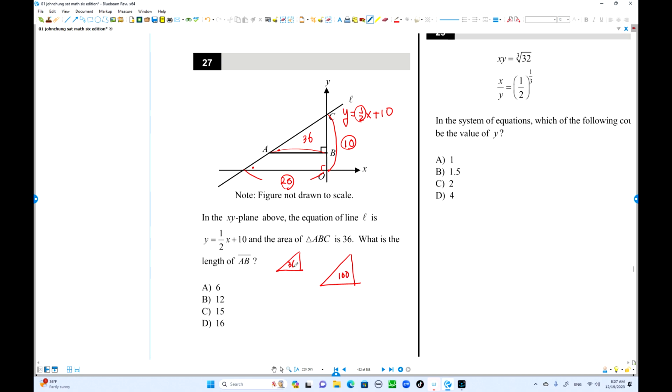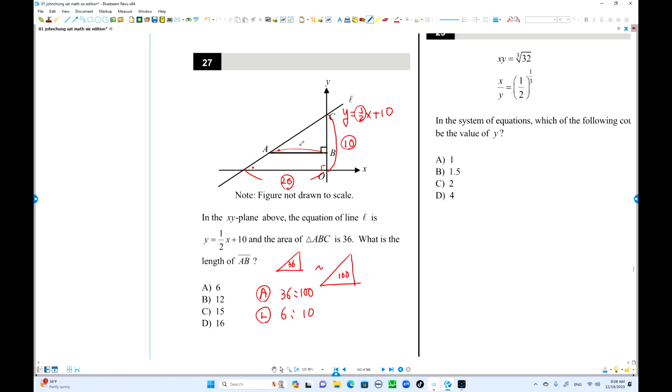Ratio of area is 36 to 100. Ratio of the length is square root 36 is 6, square root 100 is 10. Okay, you can use this one, 6 to 10. So any corresponding side is always 6 to 10, right?